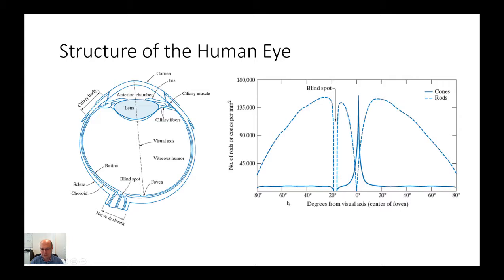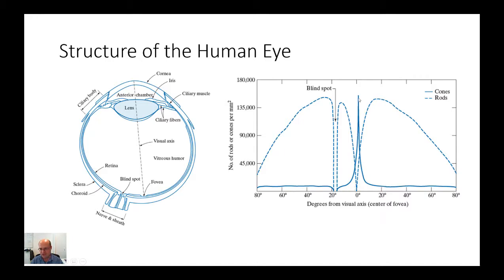So we've seen that basically the visual cells are rods and cones, and this is the distribution of rods. So rods are largely distributed throughout the retina, but not at the center of the visual field, which is the fovea, where the cones are more abundant.